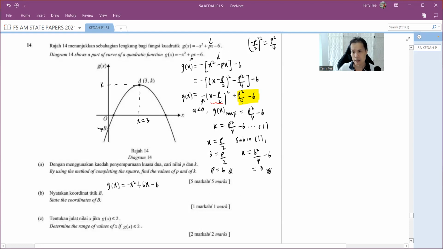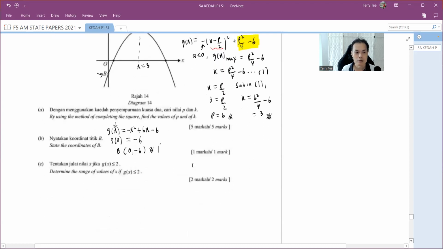Actually, the y-coordinate of point B is independent of the value of p, because we know that at the y-axis, your x is 0. If you put 0 inside x, the whole thing will be 0 except your negative 6. So this represents your y-intercept. So therefore, B has a coordinate of (0, minus 6).